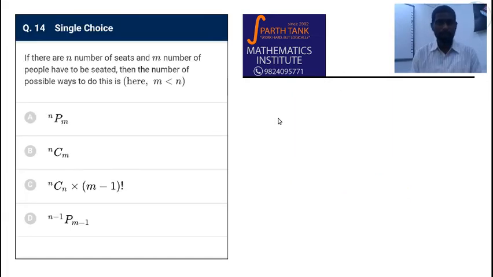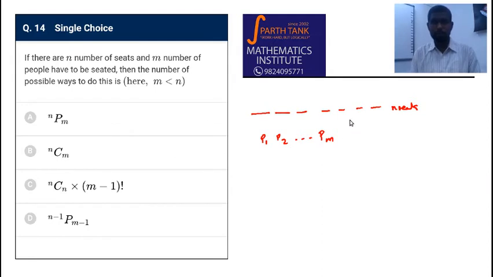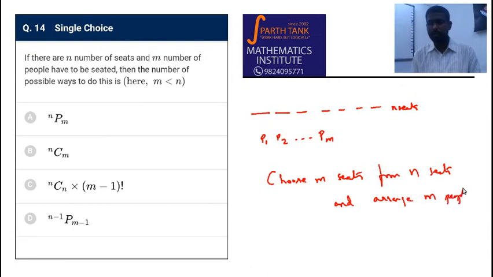Question number 14. If there are n seats and m people, person 1, person 2 up to person m, where m is less than n, so fewer people than seats, then the number of possible ways to seat them. Okay, so how do you do it usually? There are only m people, so first you have to choose any m seats from n seats and arrange m people in m seats.